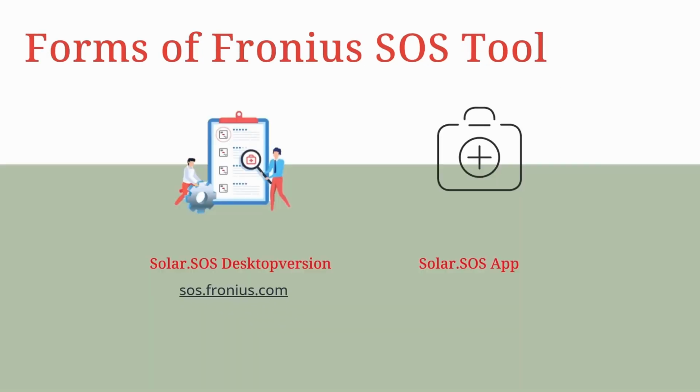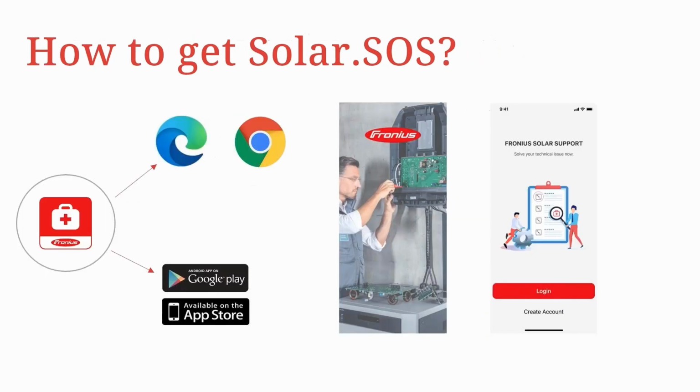There are two versions of the Solar.SOS. On one hand, the desktop version, and on the other, the Solar.SOS app. For the desktop version, you can normally go to your browser and type in Fronius Solar.SOS, and there you get directly to the homepage, where you can use Solar.SOS with your computer or laptop.